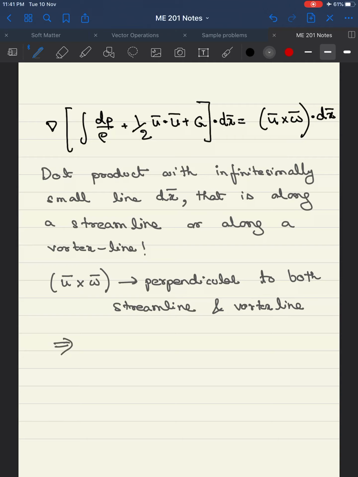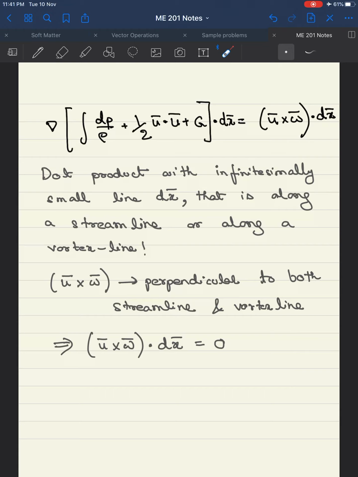Which implies that this quantity is going to be 0 in either case, right? So we take advantage of the fact that this cross product is a vector perpendicular to both u and omega, right? That's the definition of a cross product.